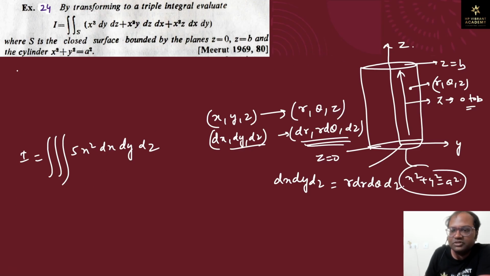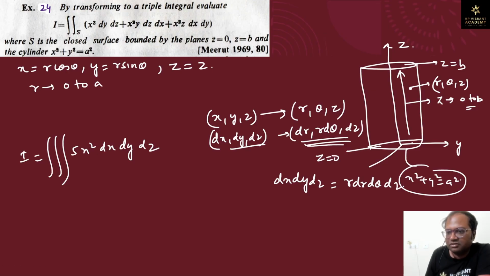So the polar coordinates will be x is equal to r cos theta, y is equal to r sin theta, and z is equal to z. And the limit r varies from 0 to a, because the equation of base is x square plus y square is equal to a square. So the value of r varies from 0 to a.